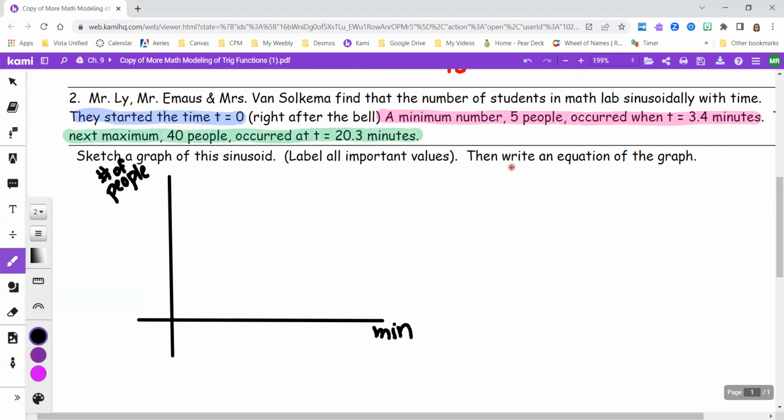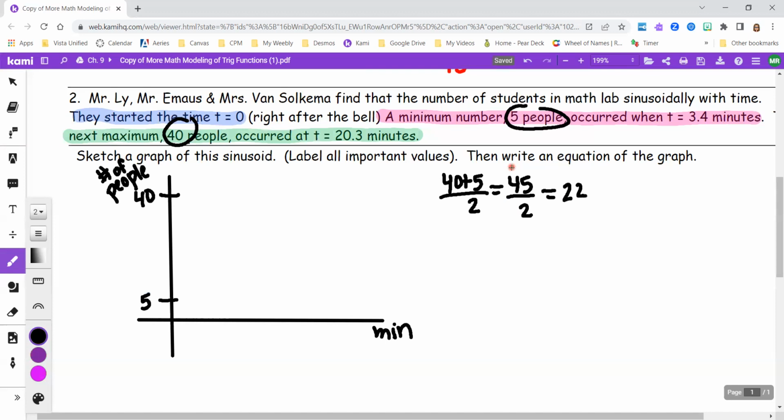Okay, so our low, they said, was 5 people. Our high, they said, was 40 people. So if I take 40 plus 5 and divide it by 2, I get 45 divided by 2, which is 22.5.